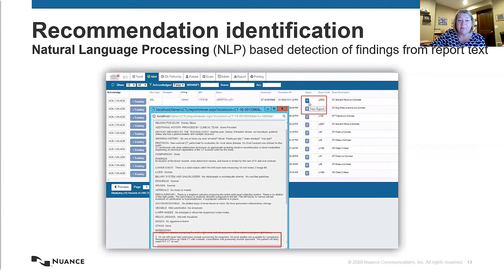So the first step in this process, obviously, is identifying statements using NLP to go ahead and populate the tracking board with these follow-up recommendations. Typically, our customers will start with removing hedge statements, and I'm going to talk about that a little more.